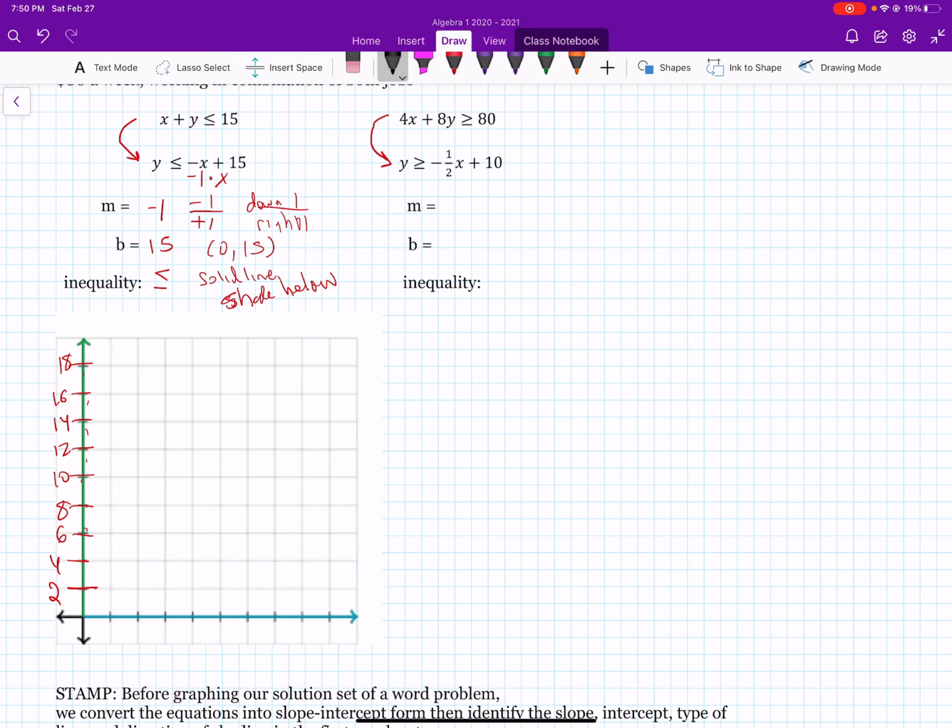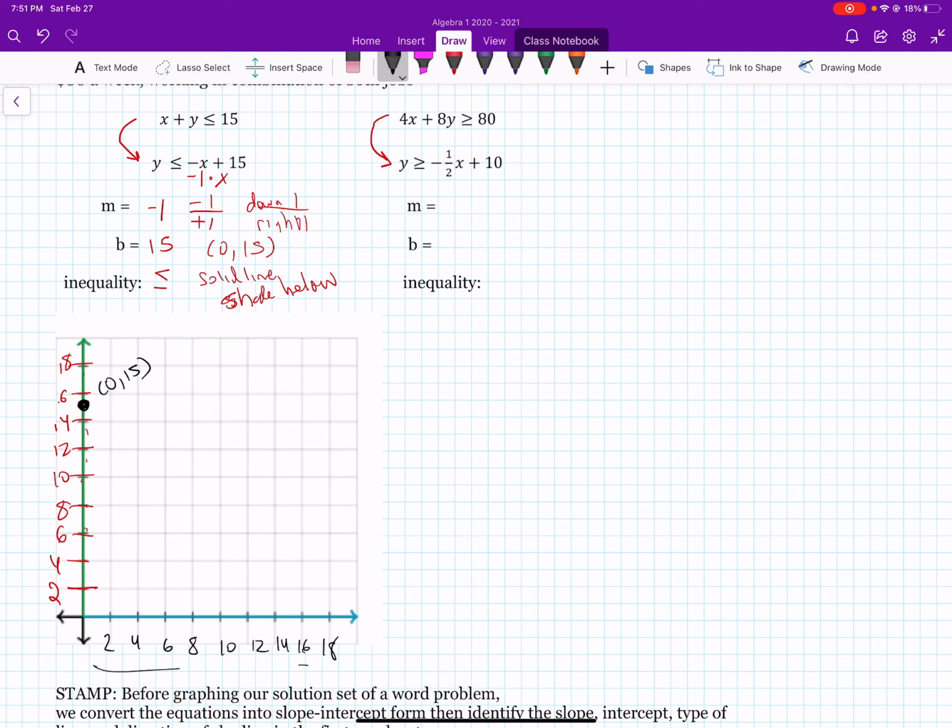This way, my point (0, 15) can be easily reached right here. And go down 1 to 14, and we do the same thing here. 2, 4, 6, 8, 10, 12, 16, 18. It's really good to make sure that the same key you have on the upside is the same on the right side, so it's all equal.